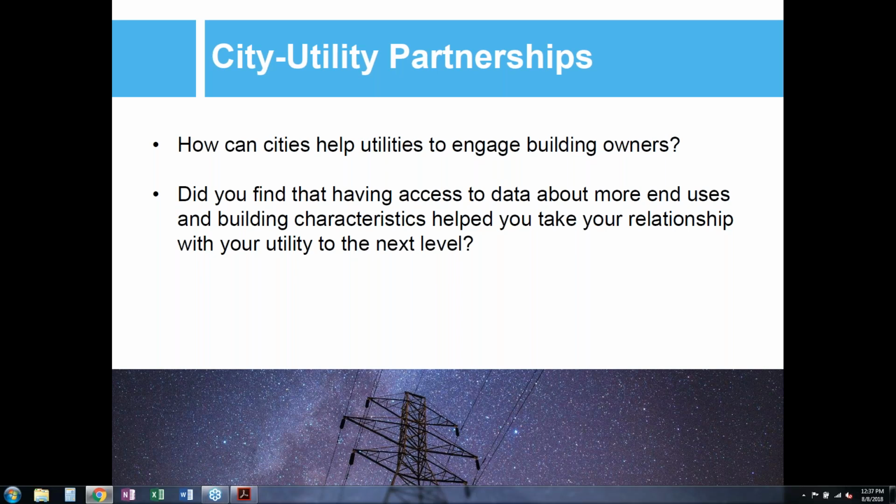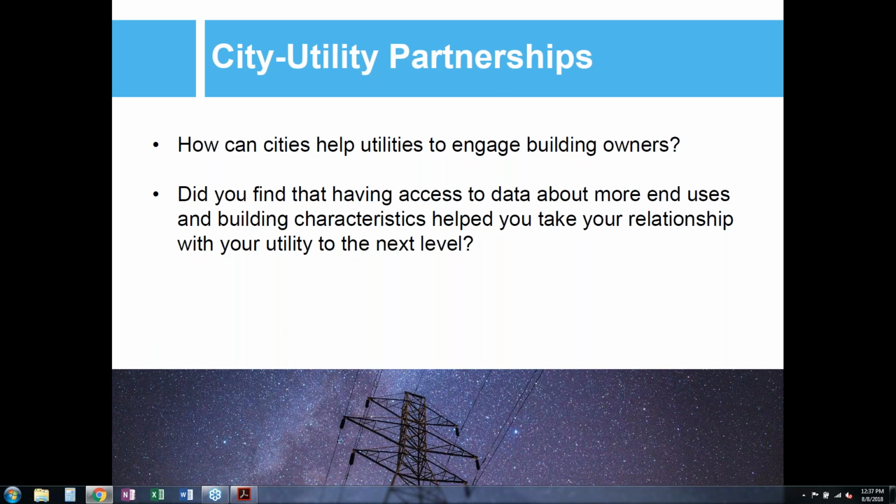Utilities running energy efficiency programs continue to this day, in spite of having been around for many years and decades in some states, to face a certain level of apprehension, with customers not understanding why the utility would want to help them save energy.